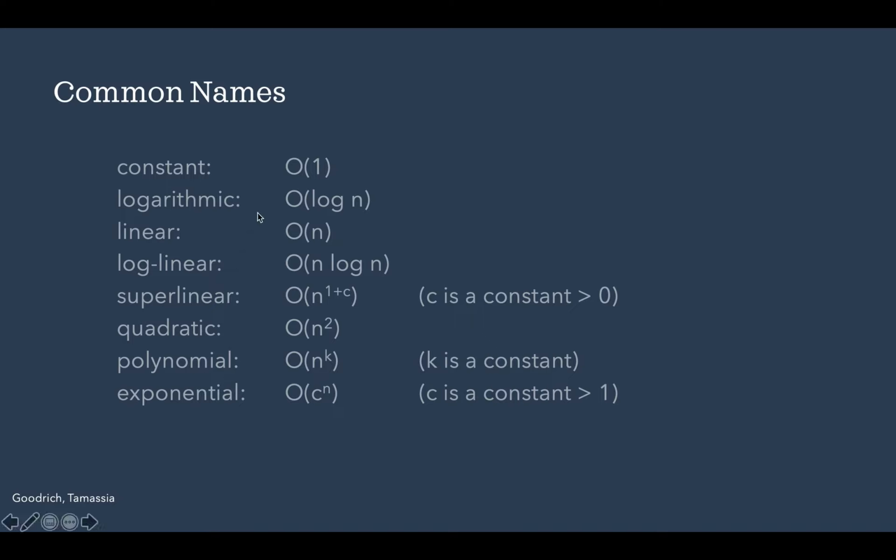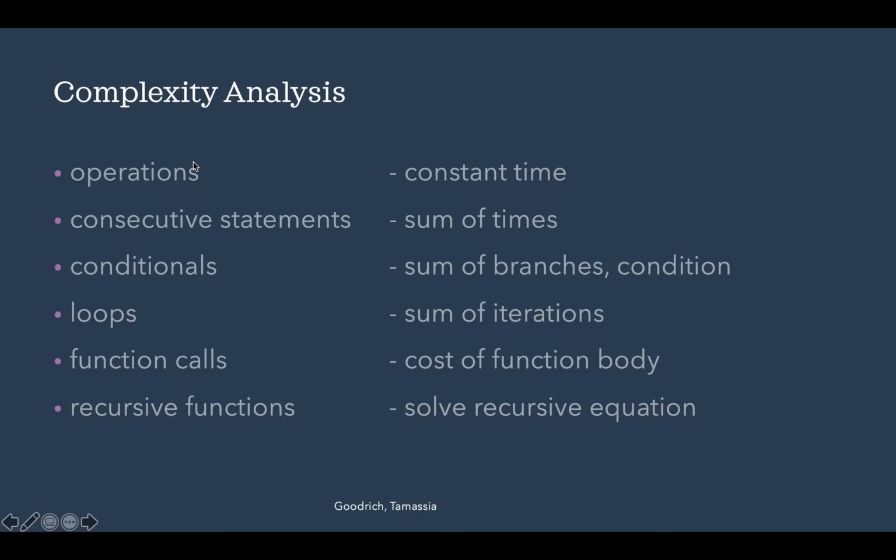So just note that. Complexity analysis. How will you do the complexity analysis? Any primitive operation we treat as constant time. If you have consecutive statements, as we did for finding a maximum element, where we counted the primitive operations for each line, then you write the sum of all the times.